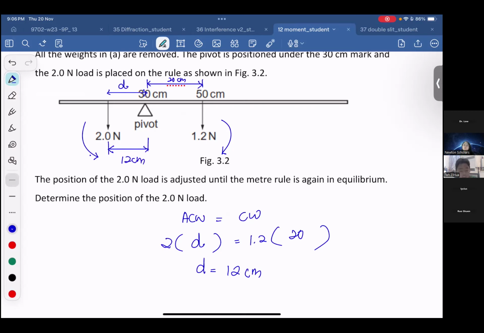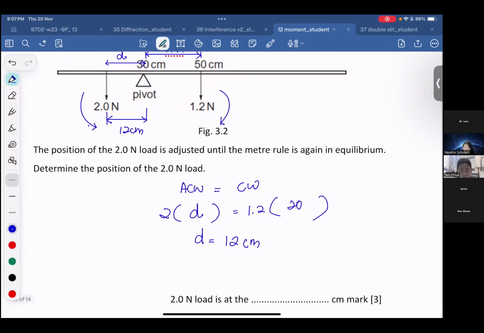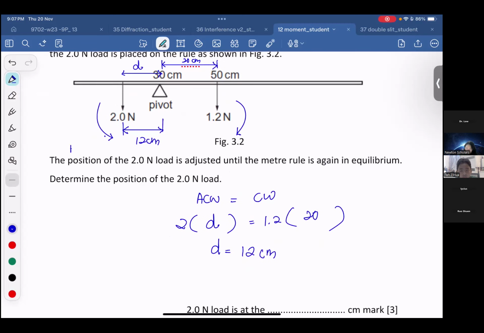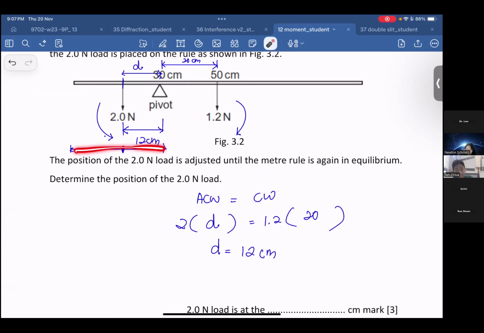But we haven't finished answering the question. Determine the position. Where is the 2 Newton position? Boys and girls, from here to the pivot is 30 cm. Where is this point on the ruler? You should use 30 cm minus 12 cm.